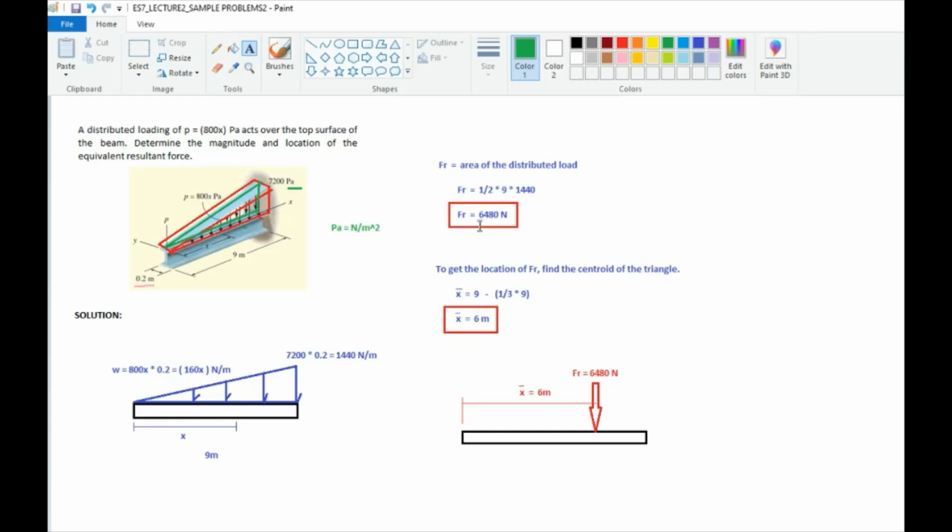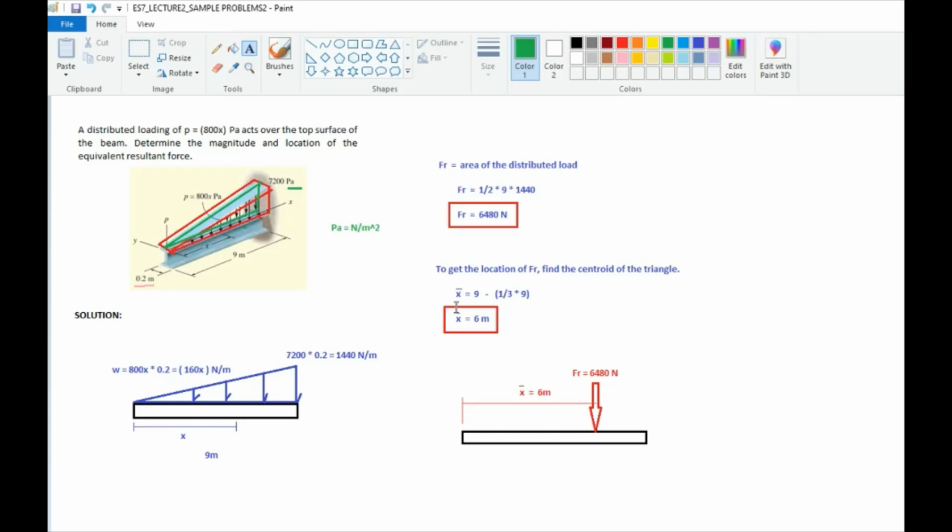Ngayon, to get the location of FR, kailangan alamin natin nasan yung centroid nung areang to. From our geom or trigo. Okay, yung area ng triangle, ang centroid ng area ng triangle ay 1/3 from the base. Okay? So, ayan. If this is x, kung yan yung magiging measure natin, ang magiging x bar natin is 9 minus 1/3 nung length.